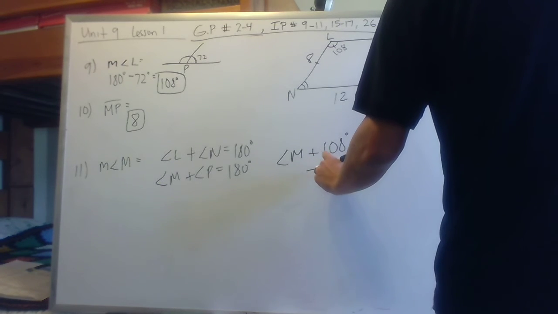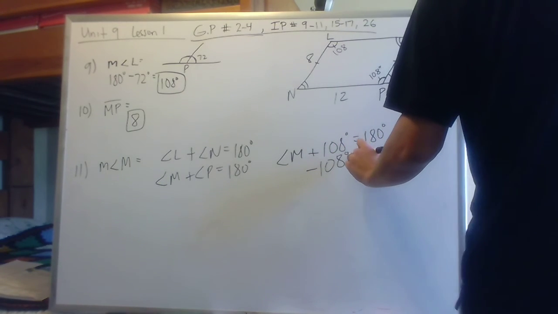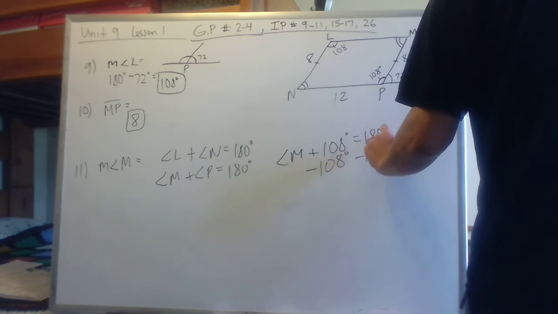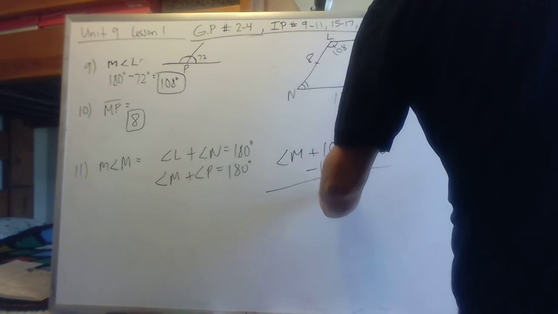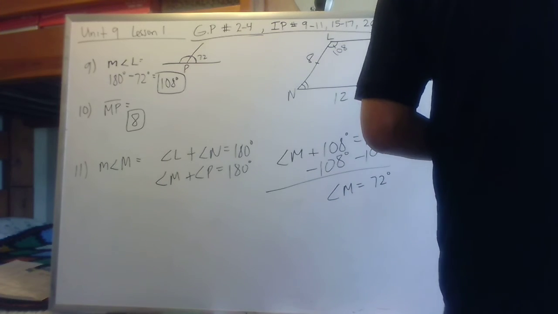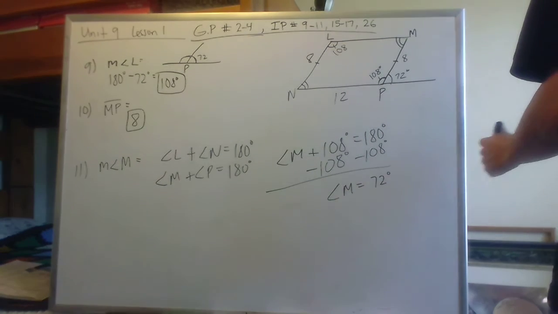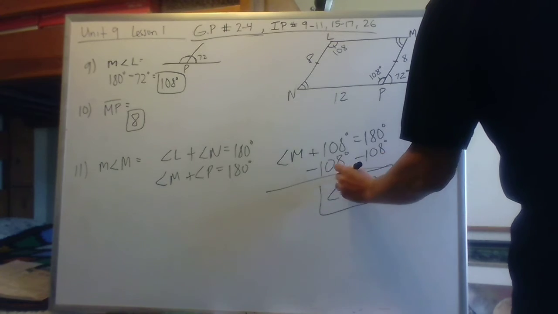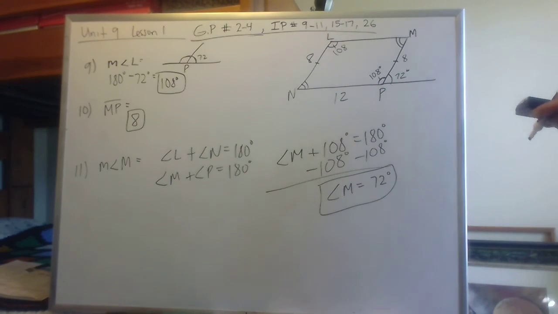All we're going to do is take 180 and subtract 108 degrees, and angle M is going to equal 72 degrees. So that's kind of cool.